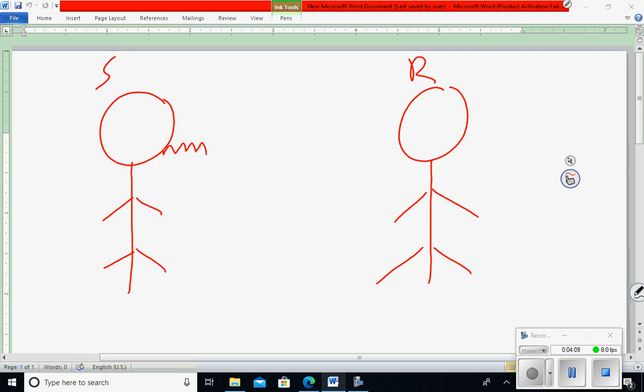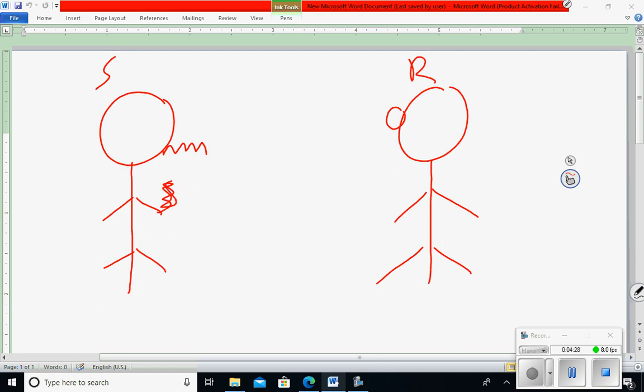Now, speaking here is transmitted to the ear of the receiver, or to the ear of the listener, and he understands what is meant of that. Or the sign could be just a gesture by your hand.